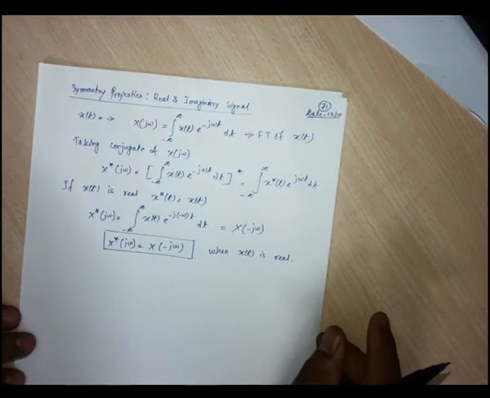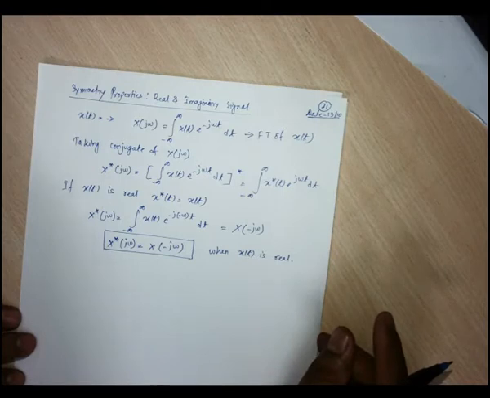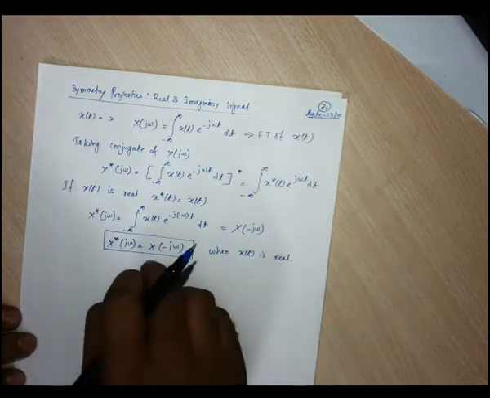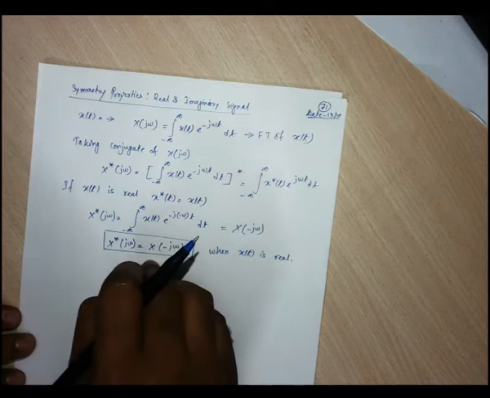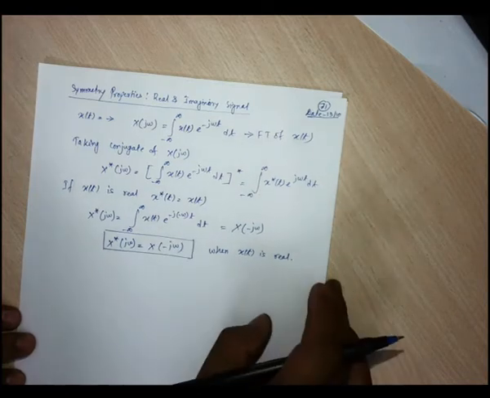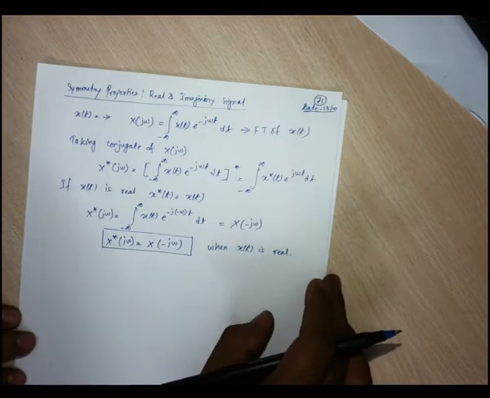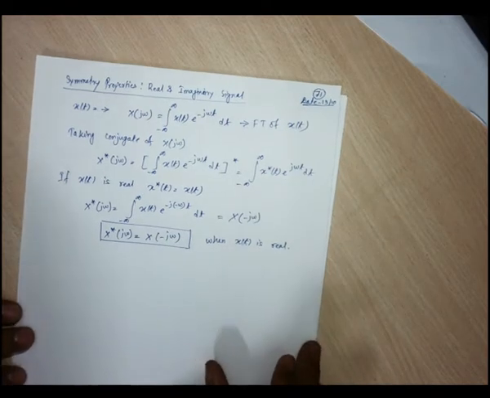So if X(j omega) has complex conjugate, or X star of j omega, equal to this, then taking the real and imaginary parts of this expression, we can find out what transformation comes out. Now I am writing it like this.